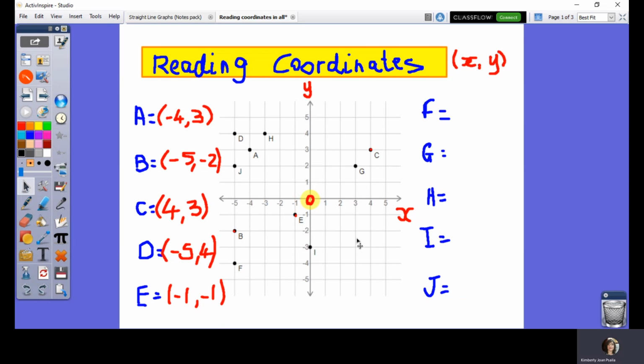Letter F is down here. First we move along the x-axis, -5, and then go down 4.